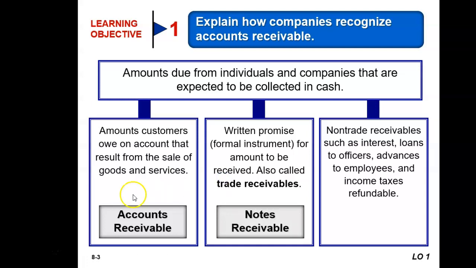And the last group is called non-trade receivables, such as interest, loans to officers, advances to employees, and income taxes refundable. This will qualify as other receivables. So we're going to talk about these different types of receivables here in Chapter 8, beginning with accounts receivable.